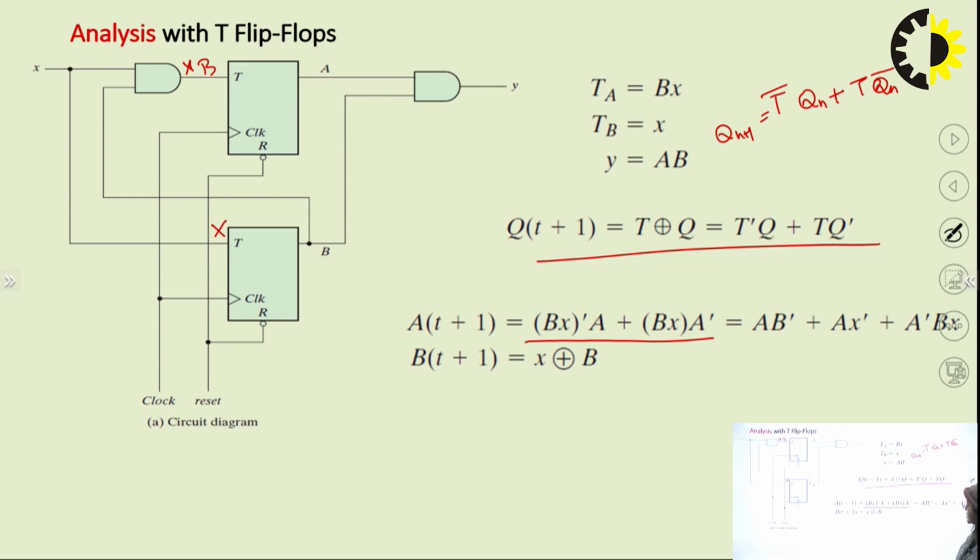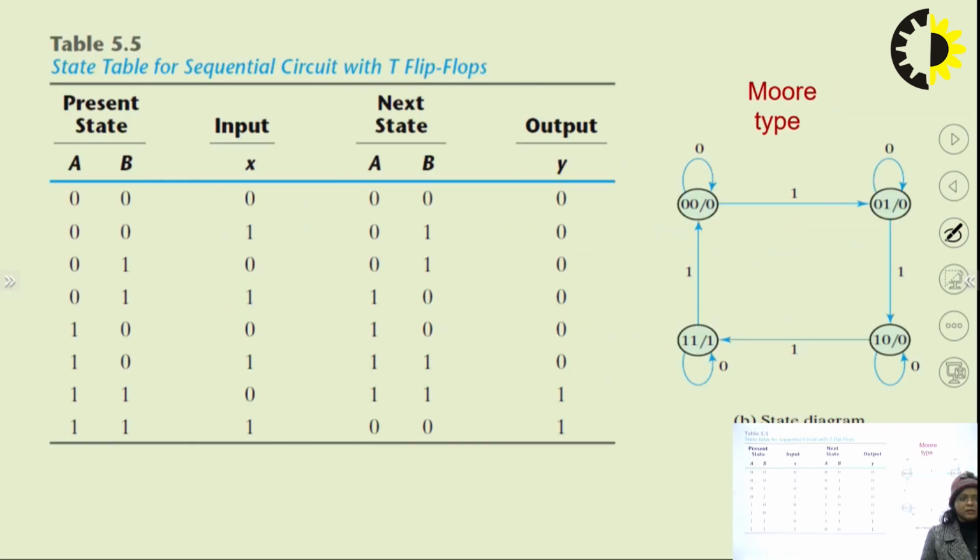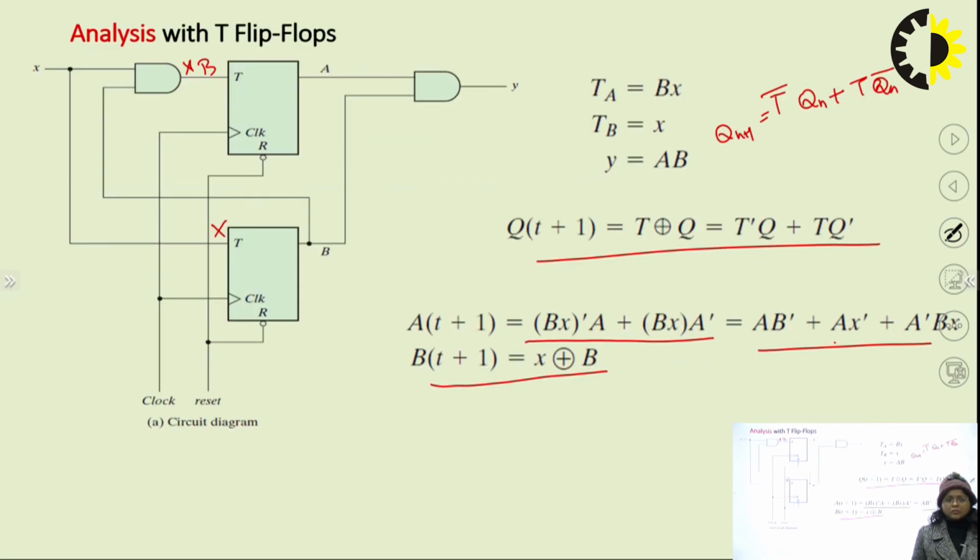We can simply open this equation to find out B bar A plus X bar A plus A bar B into X, and B(t+1) is equal to X XOR B. These are the next states. Also the final output Y is nothing but A into B.